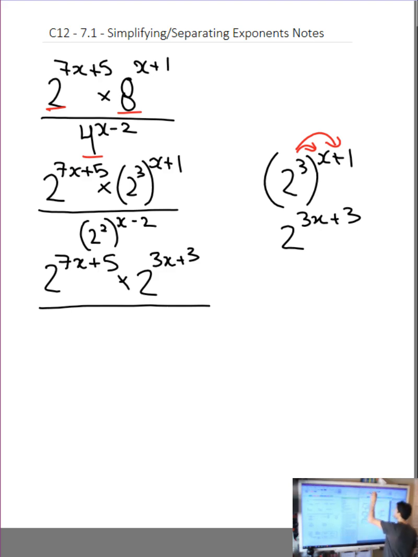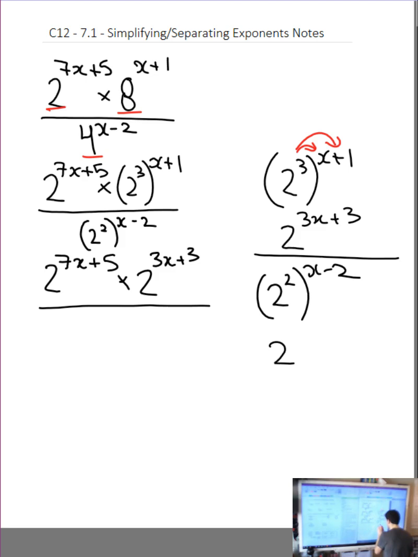So I'm going to do the same thing with the exponents on the bottom. So I have 2 squared to the x minus 2. So I'm going to multiply the exponents. So I have 2 to the 2x minus 4. And then I can simply put that on the bottom of the fraction where I was working.